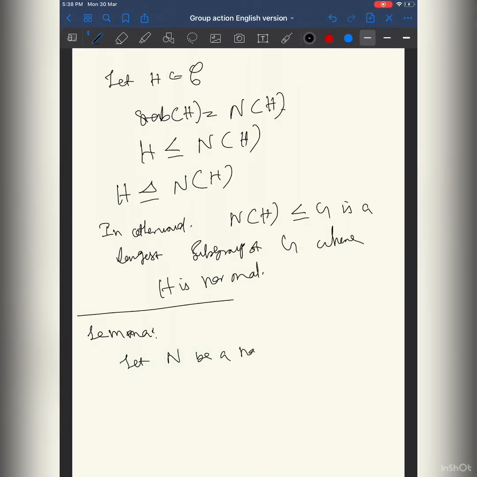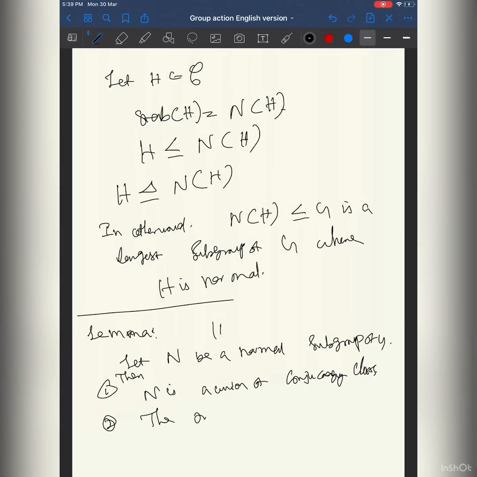Let N be a normal subgroup of G. First, N is a union of conjugacy classes.